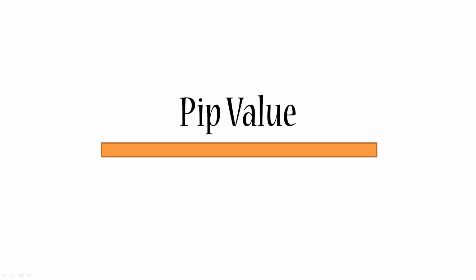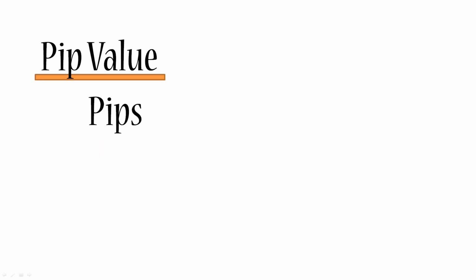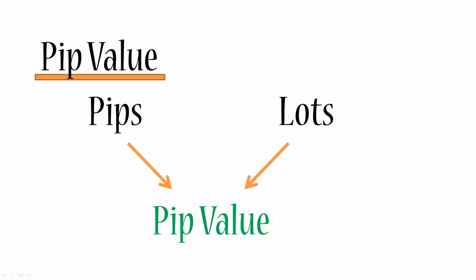So to start with, let's imagine an example. Let's imagine that we entered into a trade and the market has moved a certain number of pips, which is represented by the pips variable here on the left. Also, we know that we had a specific volume of our transaction, which is represented by the lots variable on the right. So together, these two variables combined will determine Pip value for this transaction.